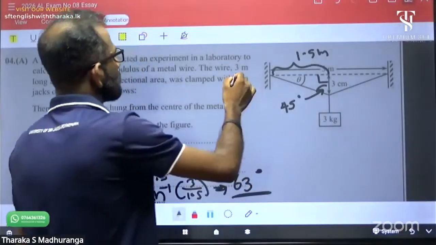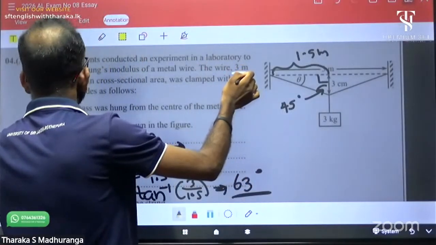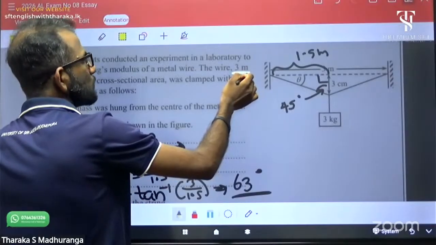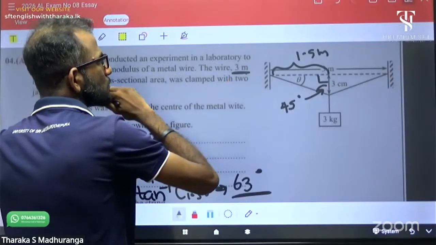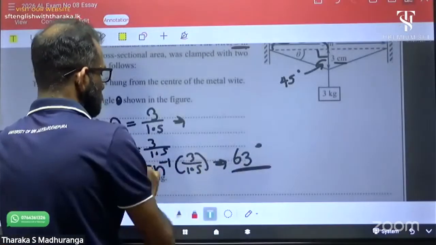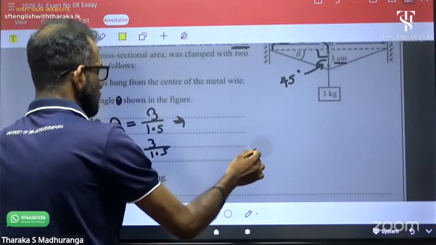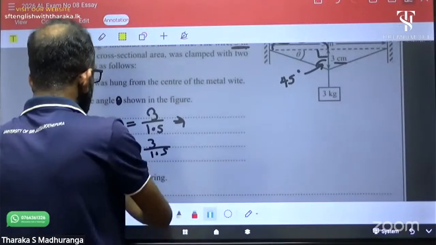There is a unit problem. It is centimeter, no? In the question it is given meter.